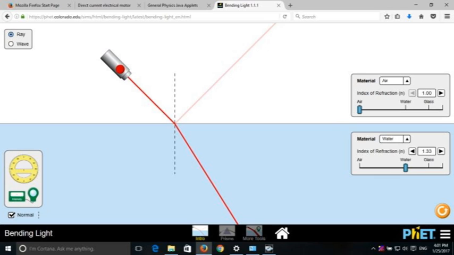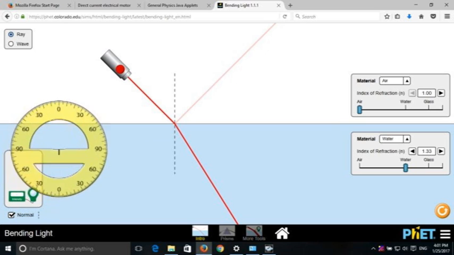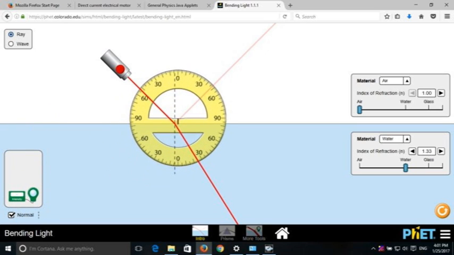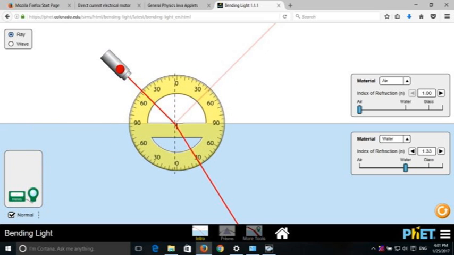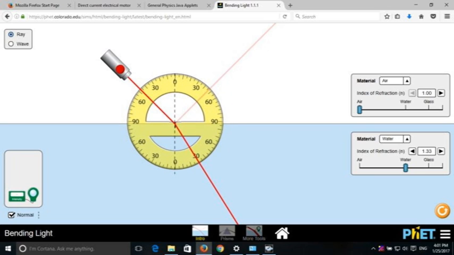So how do you understand this actually? The angle between this normal and the incident ray here, that we call the angle of incidence. Let me get my protractor and start measuring that. The angle you find there is somewhere around, say this is 30, this is 40, and you are at somewhere around 45. So the angle of incidence is 45 degrees.